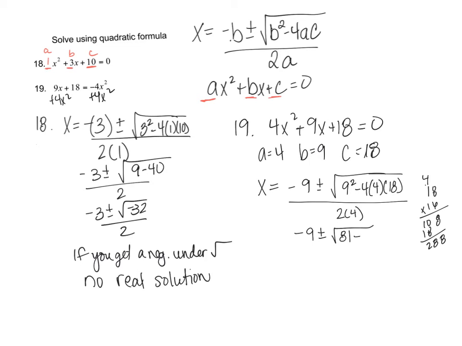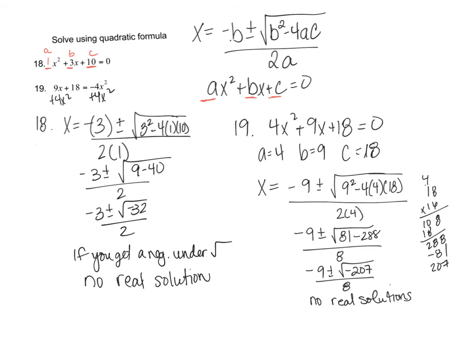So again, all divided by 8. So negative 9 plus or minus the square root of 81 minus 288 is negative 207, over 8. Again, I have a negative under the square root, so it's no real solution. Hopefully I gave you some problems on this worksheet that actually have solutions.